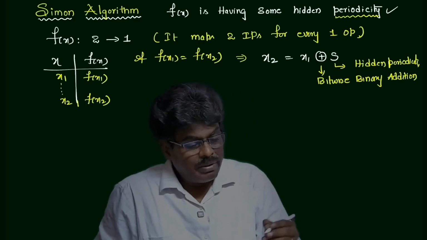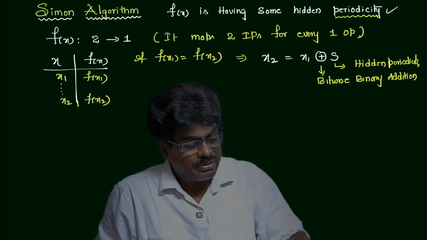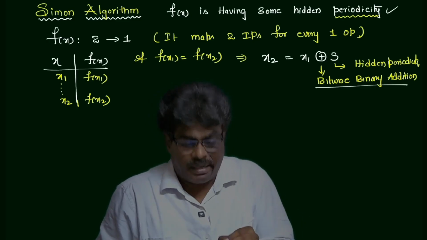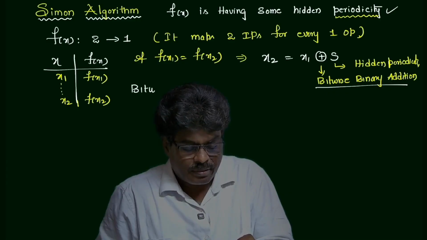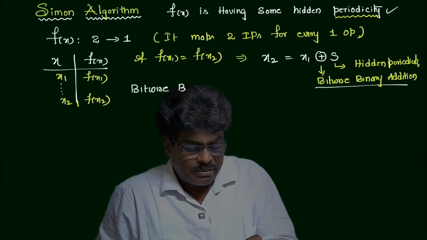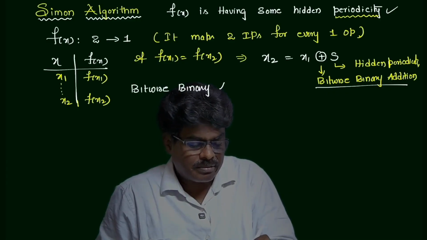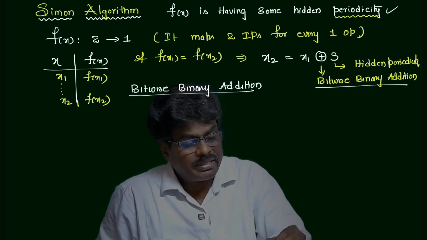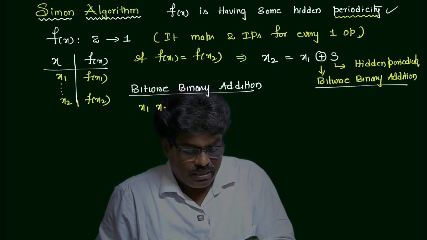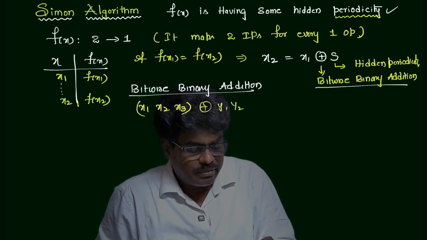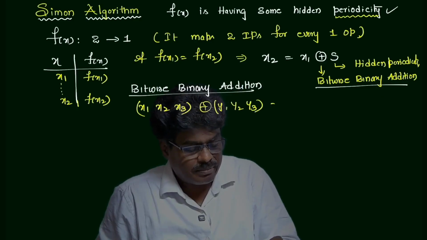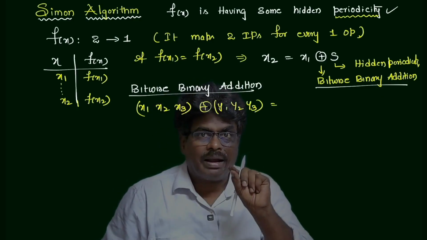Now let me explain what is meant by bitwise binary addition. For example, if you have x1 x2 x3 XOR y1 y2 y3, you have to add bitwise.